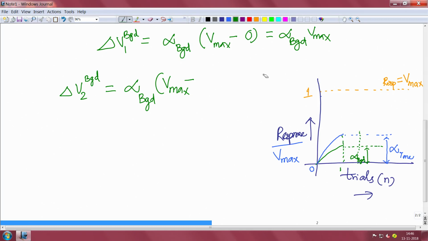V max minus, since it is a simple stimulus for the second trial, we can write this as V max minus whatever is previously present, which is alpha background times V max. So, you would see this as alpha background times 1 minus alpha background times V max.